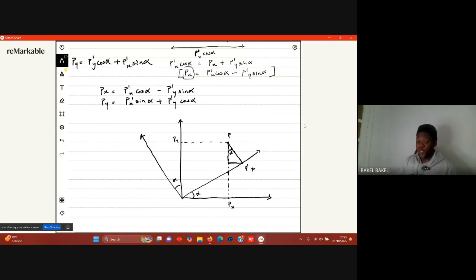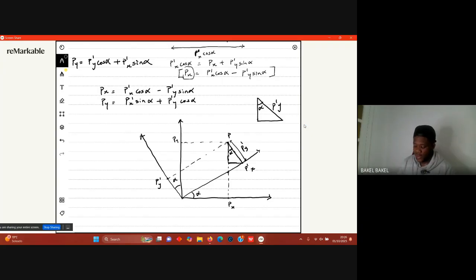Well, this particular triangle that I just made is our focus. If I trace this, which is something we did before, we find out that this point is P prime y, meaning from here to here is P prime y. So this triangle that is causing headache, let's bring it out and focus on it: P prime y and alpha.